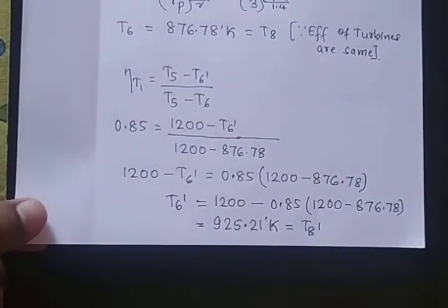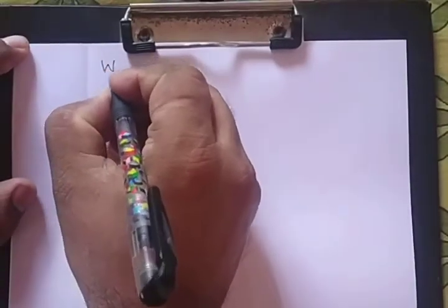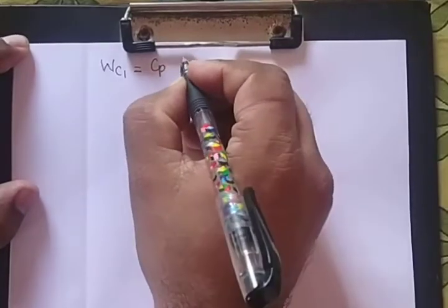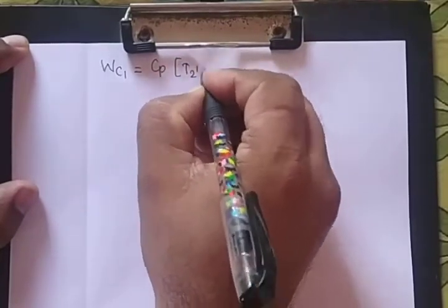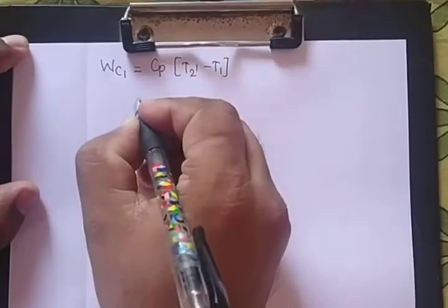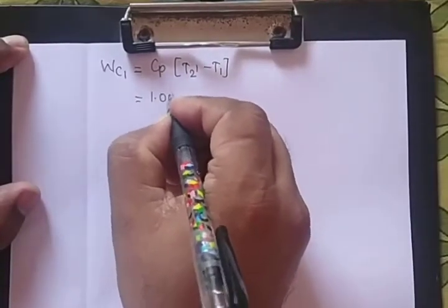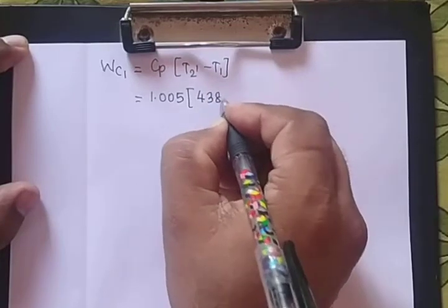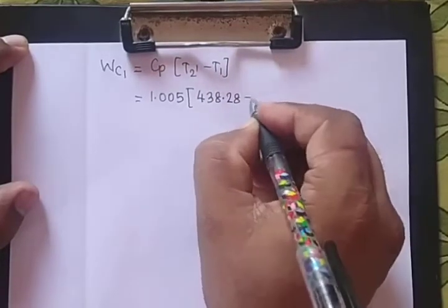So once we get the value of T8 dash, now I can find out the work of compression and then work done by turbines. So compressor work, that is work done by first compressor, will be equal to Cp into bracket T2 dash minus T1. So 1.005 is the value of Cp, T2 dash is 438.28 minus 300.